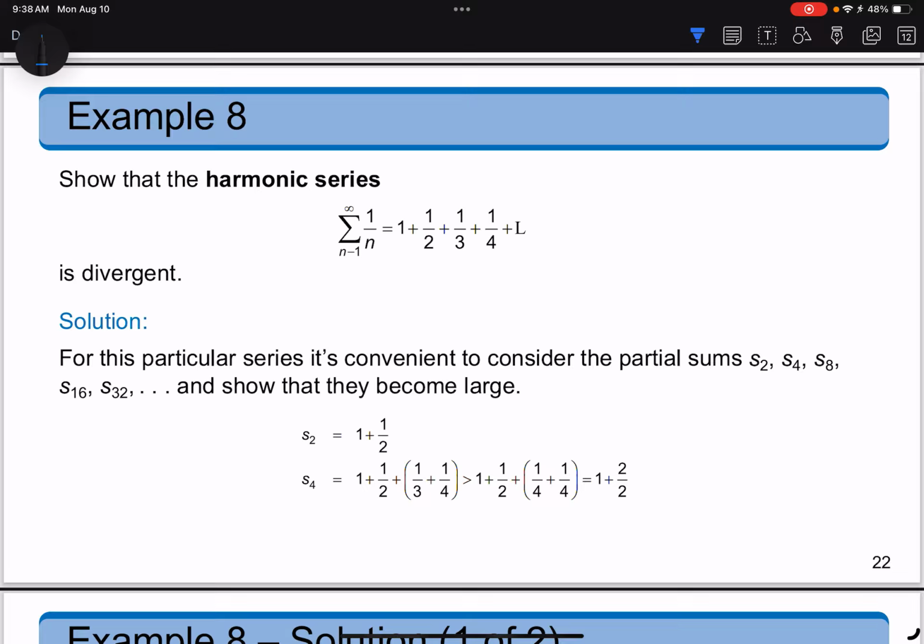For this particular series, it is convenient to consider the partial sums S sub 2, S sub 4, S sub 8, S sub 16, S sub 32, and show that as they become large, you can evaluate this by table.